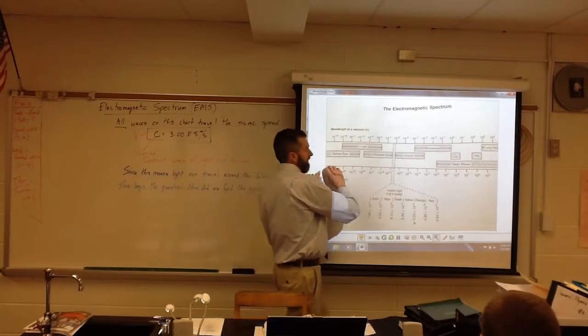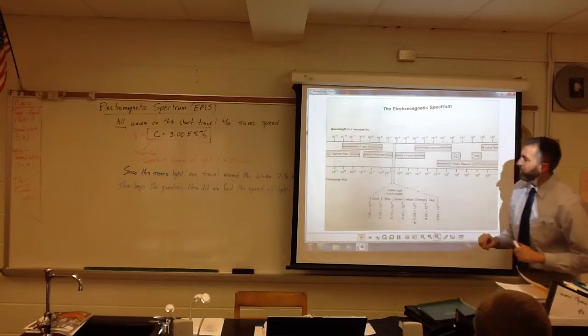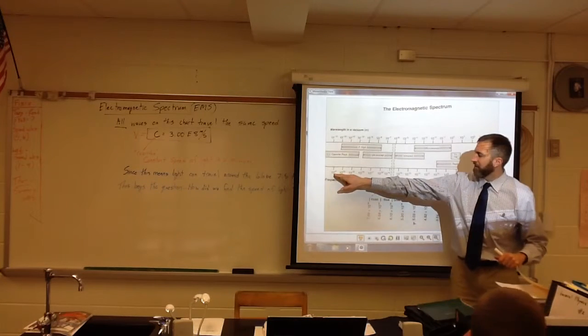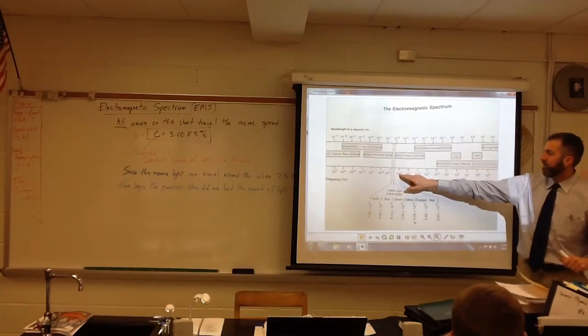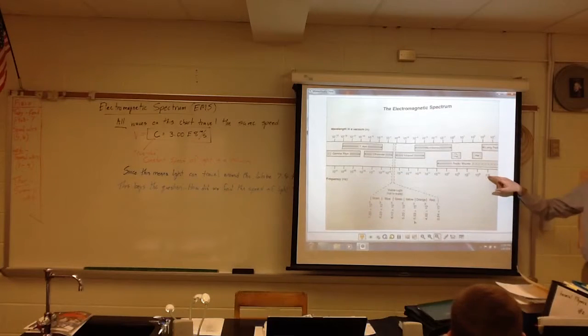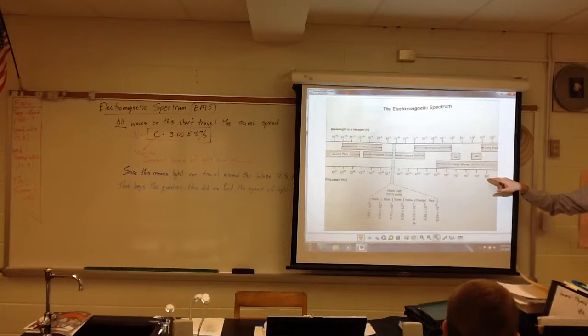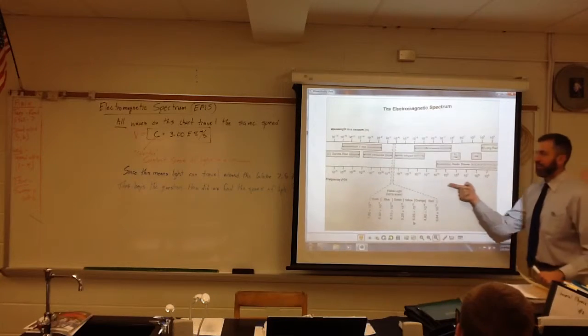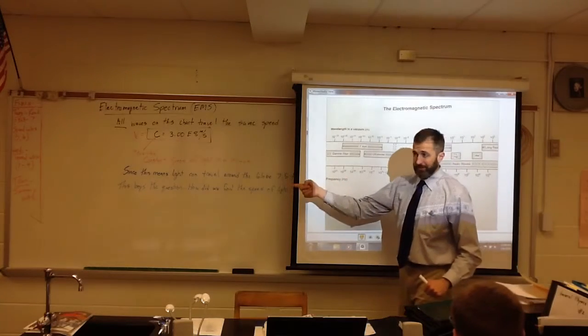Now, if you look at the bottom part here, this is where people get a little mixed up in their mind, because that says 10 to the 21, 10 to the 14, 10 to the 5. So what's happening with the numbers here? Actually, if you're talking about getting bigger, the frequency is getting bigger going this way.